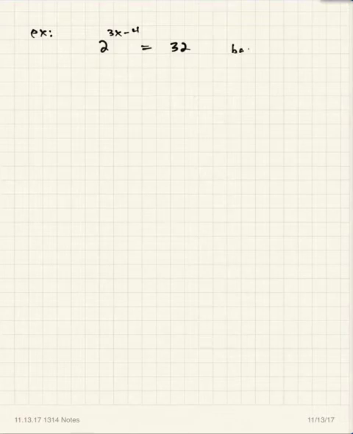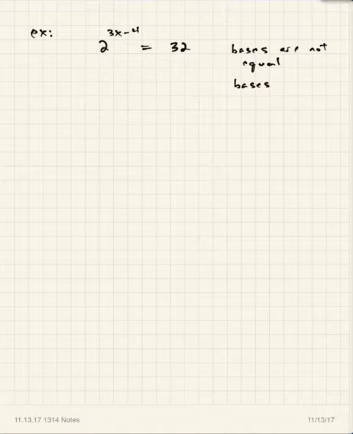But that's true. The bases are not equal. No question about that. But the bases are both powers of 2.